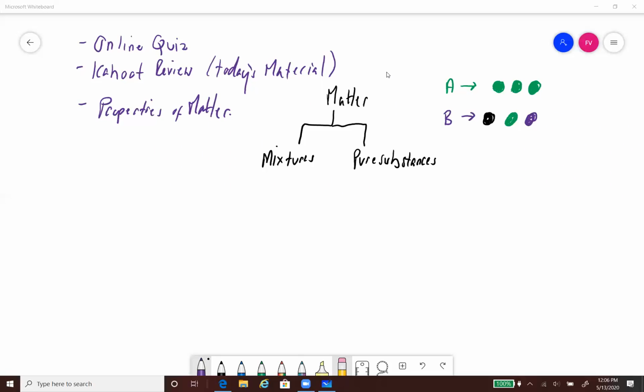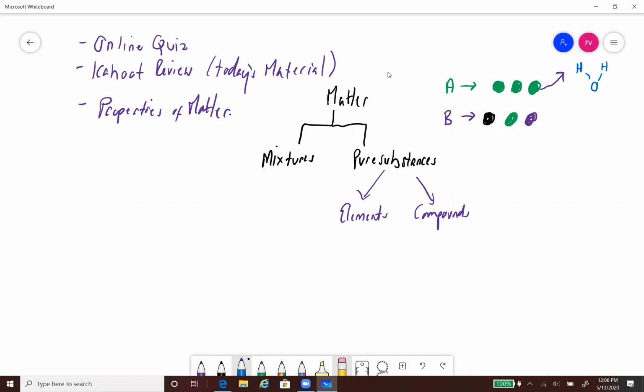We also broke down pure substances into two categories: elements and compounds. Remember, a compound is if you have one type of particle and you zoom in on that particle, maybe it is made up of two types of atoms, like for example water.